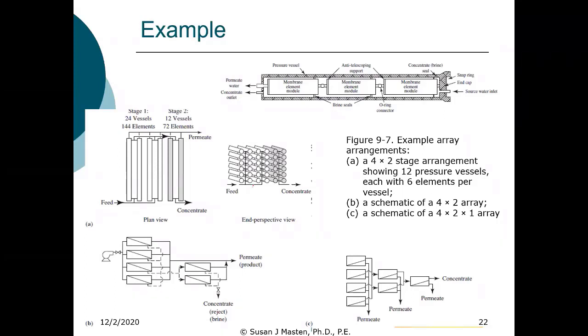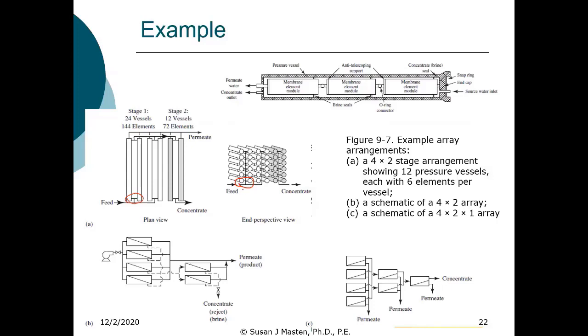Notice that the plumbing is such that for each membrane unit, you've got these two membranes plumbed like this. Again, it's just cheaper to plumb these membranes. The piping is expensive. So if we can minimize piping, we want to do so.